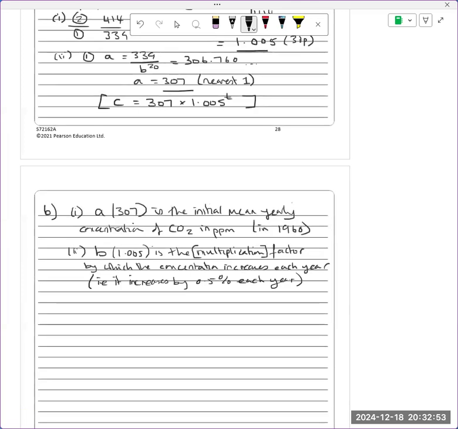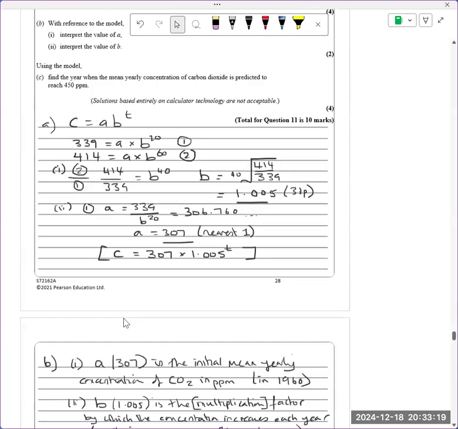But what you cannot say is the rate of increase, because the rate of increase would be dC by dt. Okay, and we haven't differentiated anything here, so you cannot say the rate of increase. All right, don't use that word rate. It's not correct.